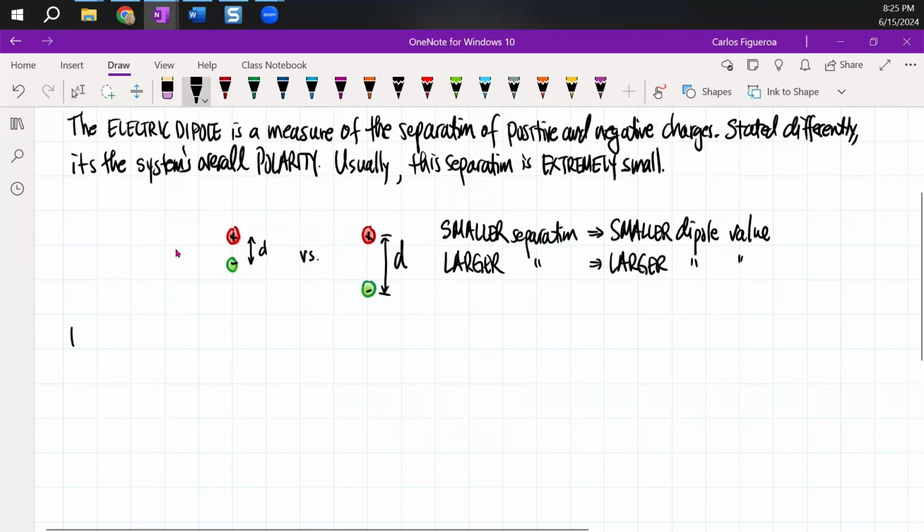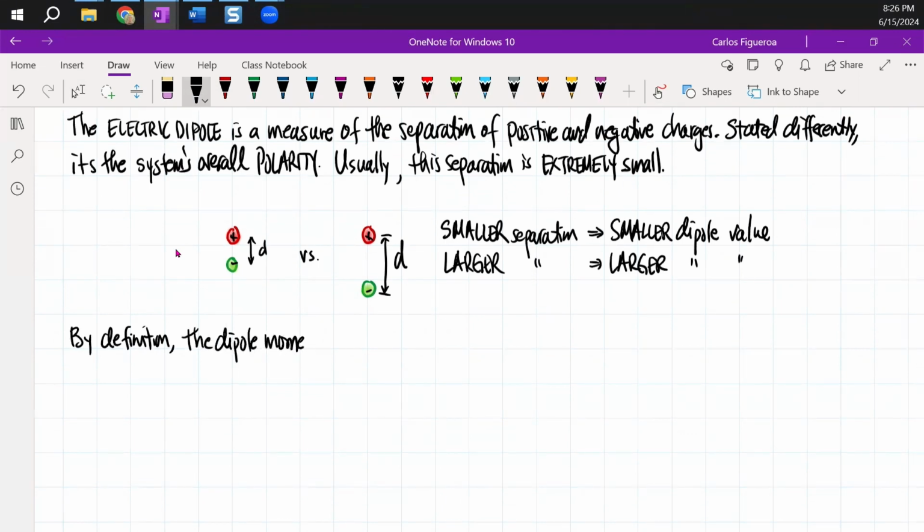And so by definition, the dipole moment is defined as follows. We say that we have a dipole moment, and this dipole moment is equal to the charge times the separation distance between the two charges.